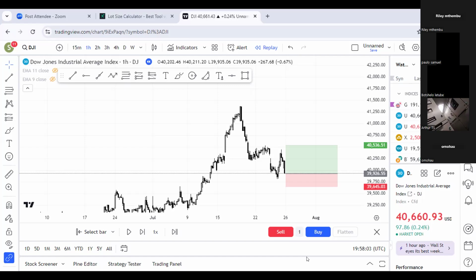Yeah, if you have a question, you can just unmute or send a chat and we'll read it out. In the meantime, let me just share GBP JPY and see what's happening there.